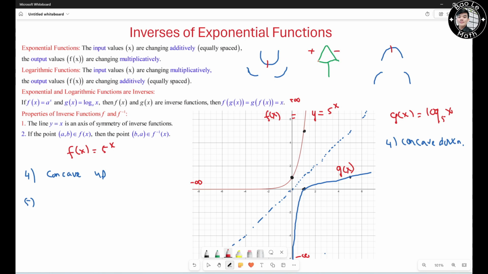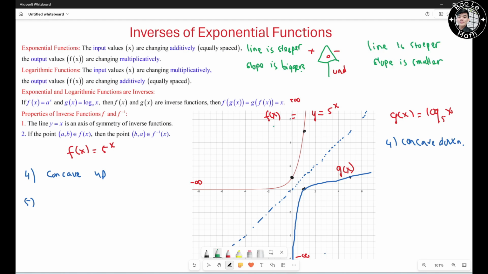If the line is horizontal, the slope is 0. If the line is vertical, the slope is undefined. Look at this line right here. The line goes this way, so the slope is positive, and if the line is steeper, the slope is bigger. Conversely, if the line goes this way, and the line is steeper, the slope is smaller.